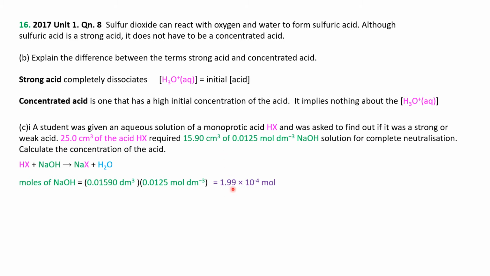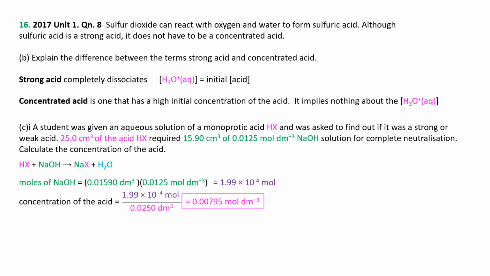So that's 1.99 times 10 to the minus 4 moles of NaOH. And that is, of course, equal to the moles of the acid. So the concentration of the acid is 1.99 times 10 to the minus 4, divided by the 25 cubic centimeters, 0.025 cubic decimeters, which is 0.00795 moles per cubic decimeter. Remember that number.